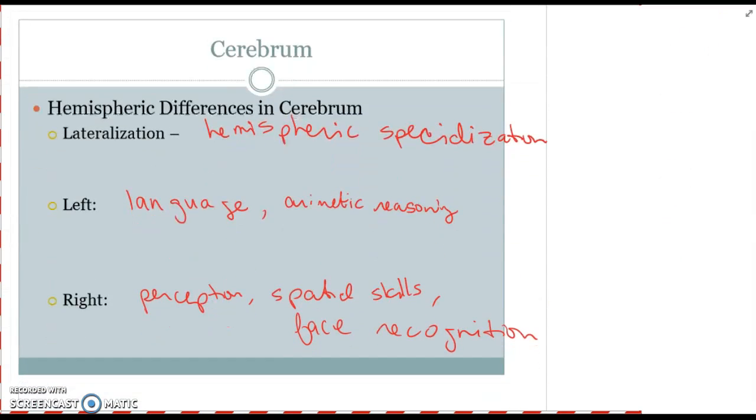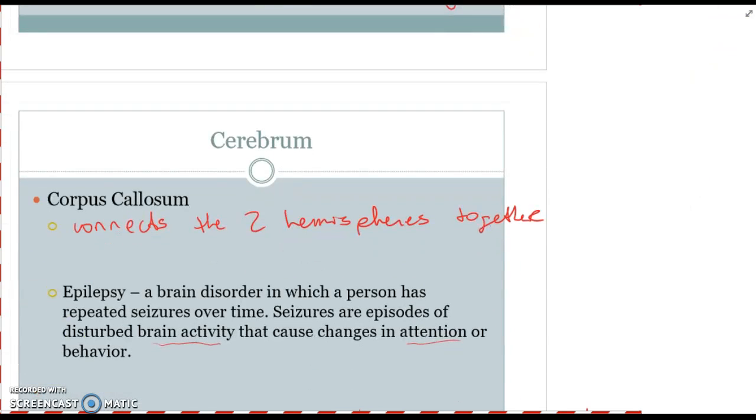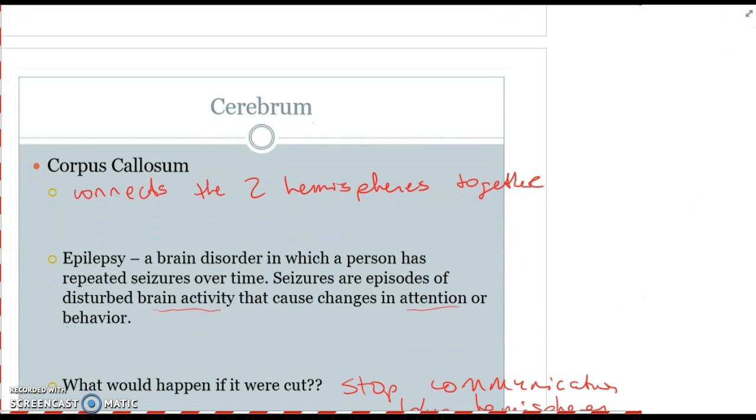And then the left hemisphere versus the right hemisphere. You know, the left hemisphere is what they say is more arithmetic and more critical thinking, and the right is responsible for more of the arts and musical inclination, things like that. The corpus callosum, I mentioned again, that's what connects the two hemispheres, the right and the left.